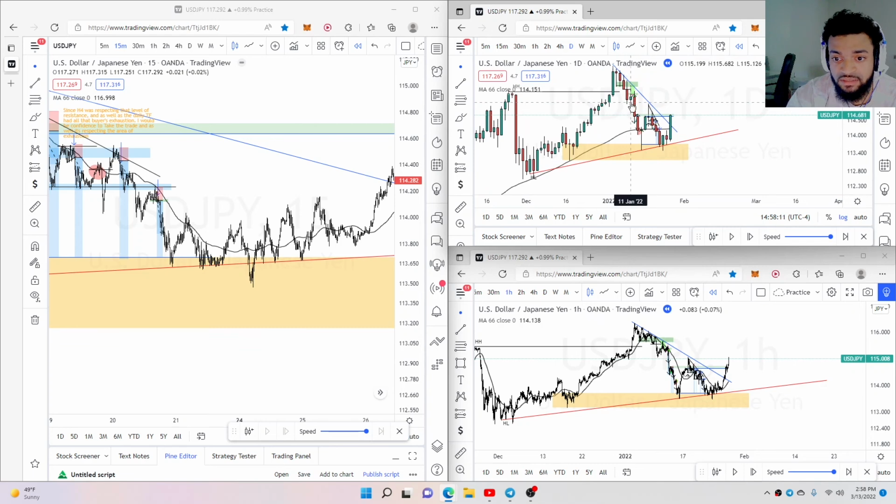So then we see this green line, where it is at, would have been considered a 23.6. So it's just a continuation of a trend. We then see that price came back down, kept pushing down, right?